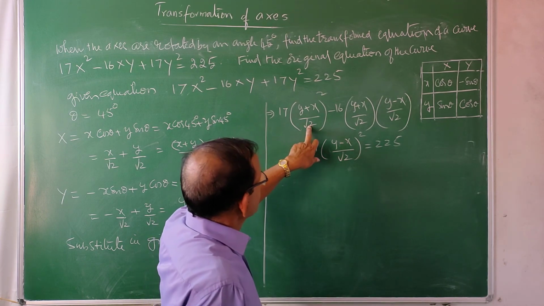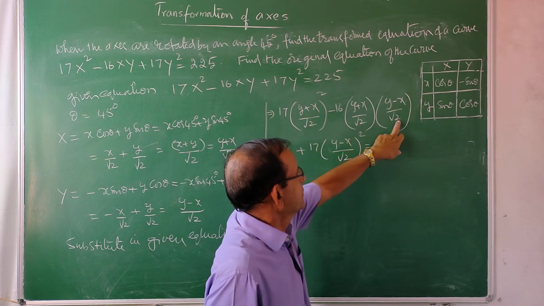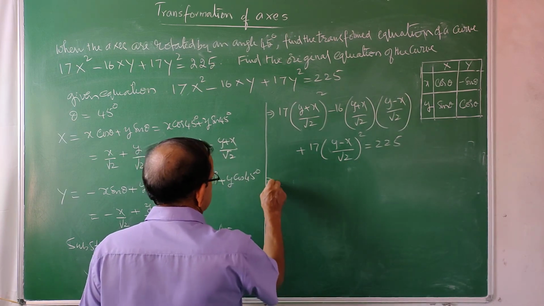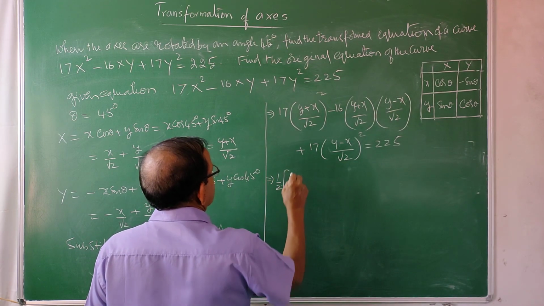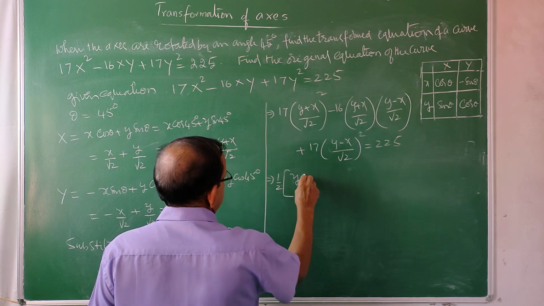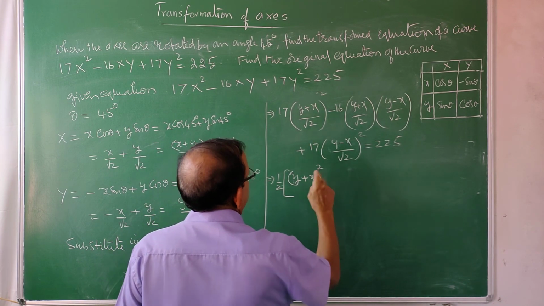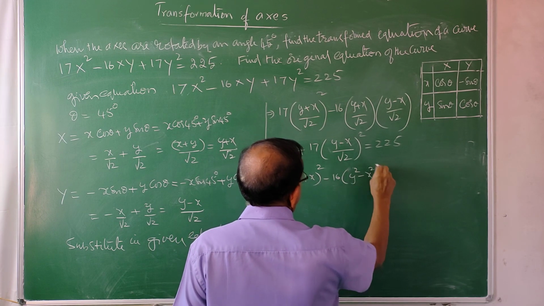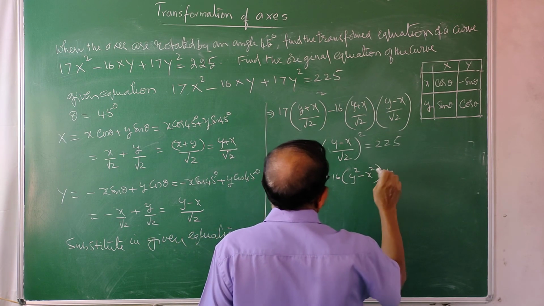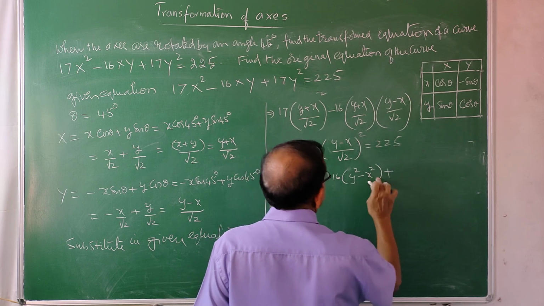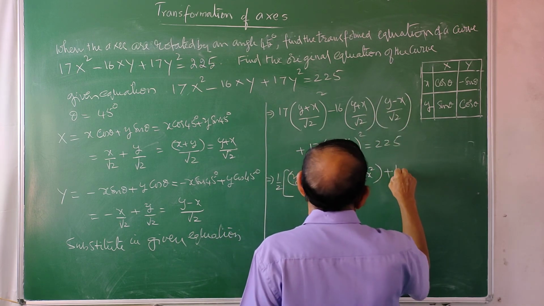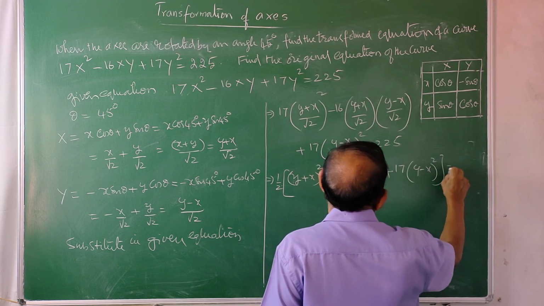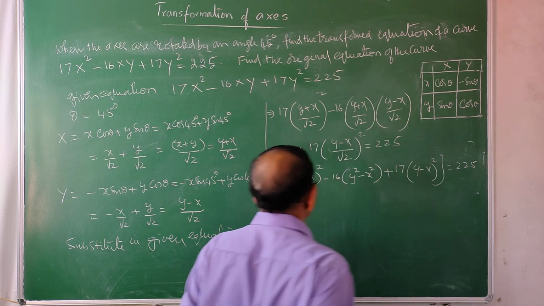Now here root 2 whole square is 2, root 2 into root 2 is 2 and root 2 whole square is 2. So 1 by 2 you can take common term. So 1 by 2 into 17 into y plus x whole square minus 16 into y square minus x square plus 17 into y minus x whole square is equal to 225.